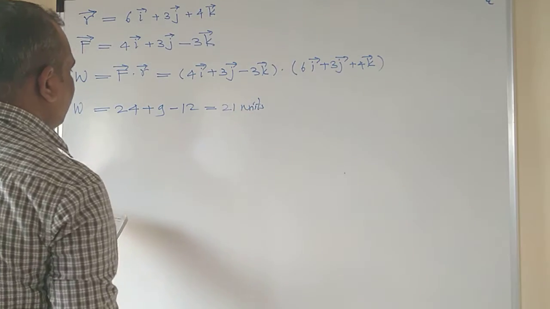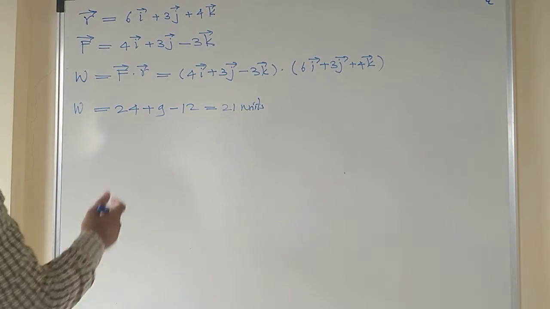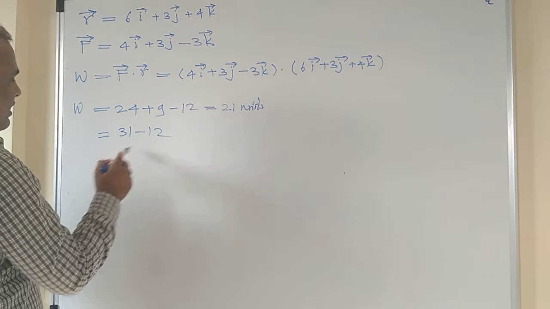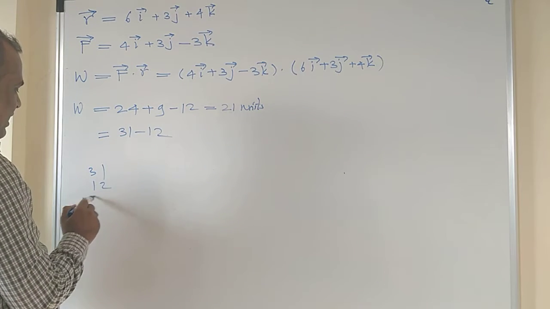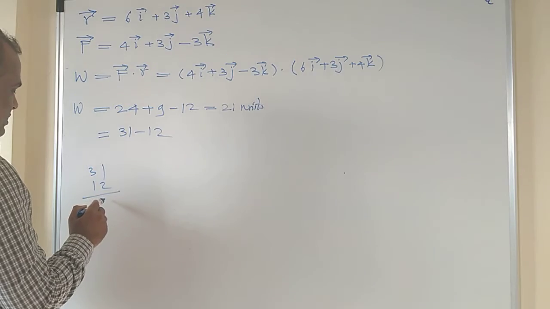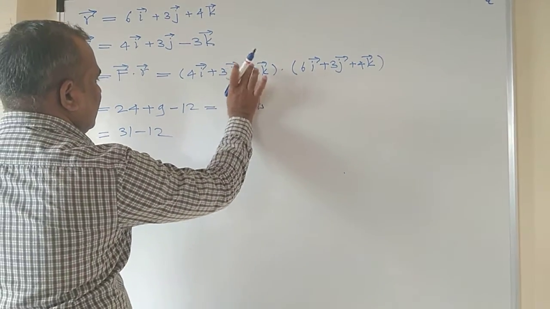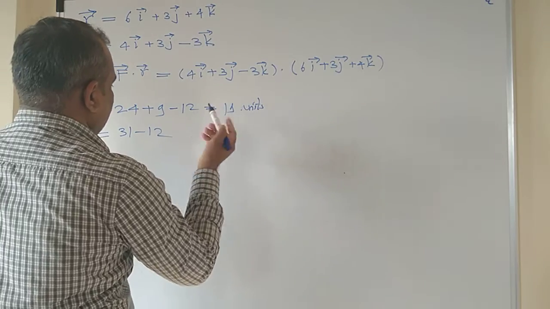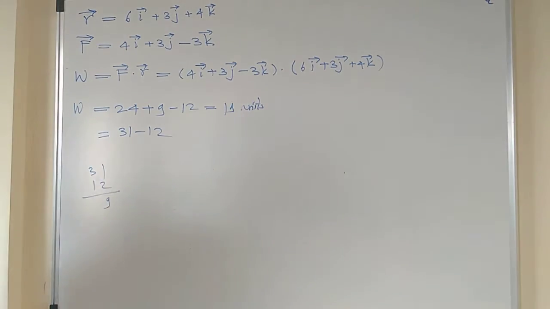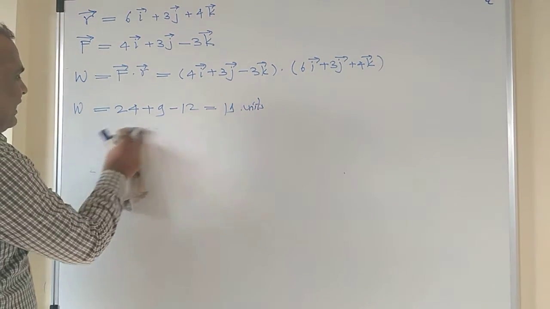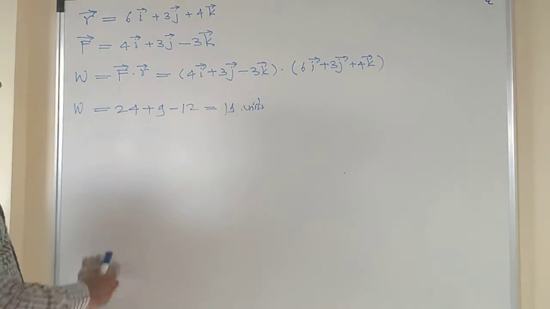You check later on, we may have done something wrong. So this is 30, 31 minus 12. If you do 31 minus 12, it is coming out 19 only, not 21. There might be a printing mistake in the book. So this is a 19 unit answer, correct.